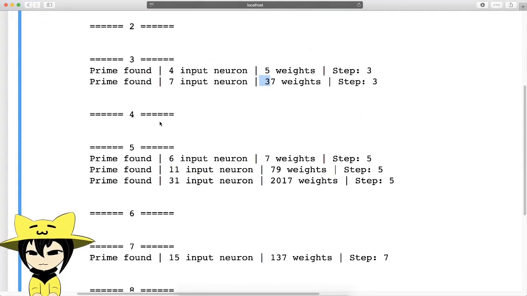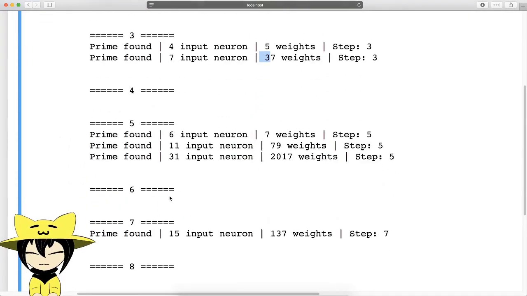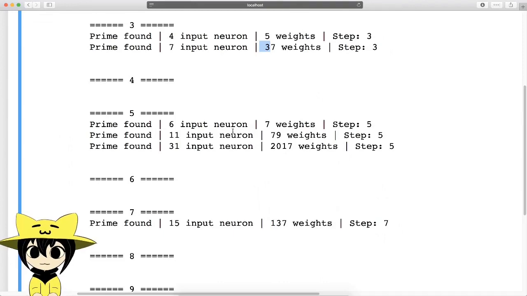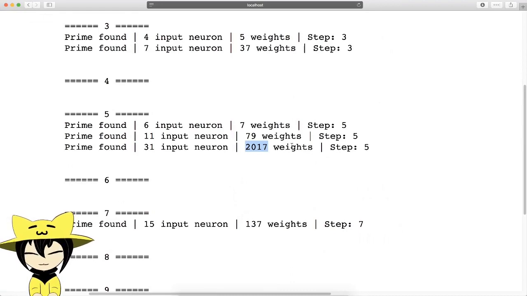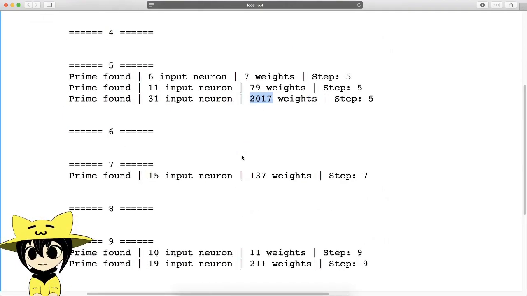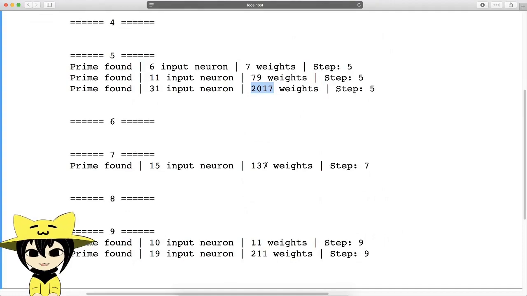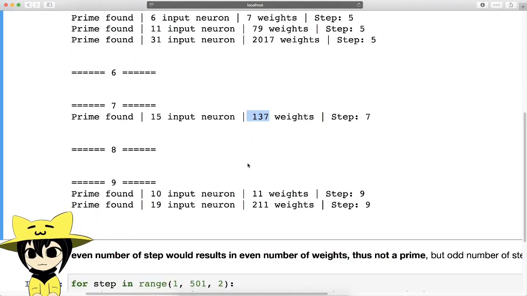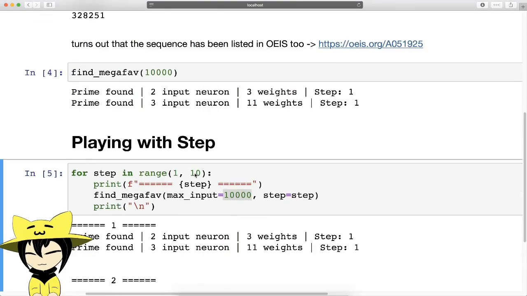How about 4? With 4 also, we couldn't find any prime number. With 5, again we find one, and this time we get an even larger number, 2017. 6, 7, 137. It looks promising. 8, 9. There is some kind of pattern here.